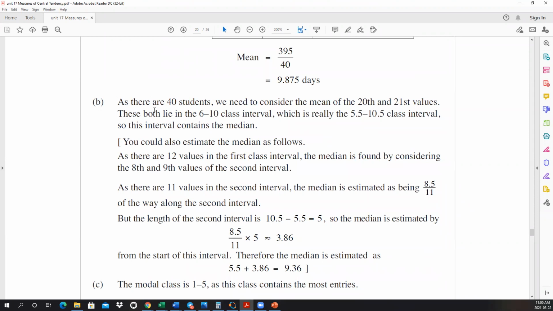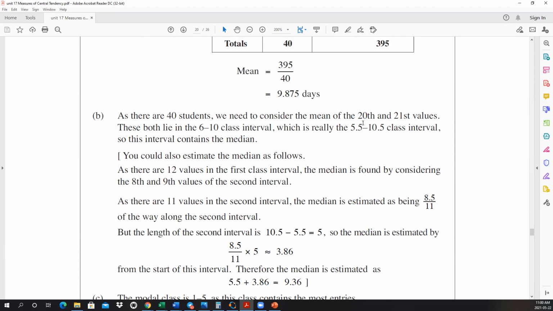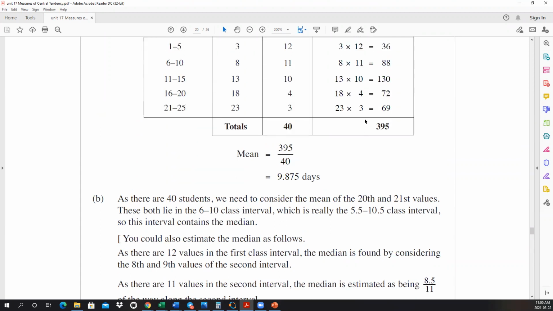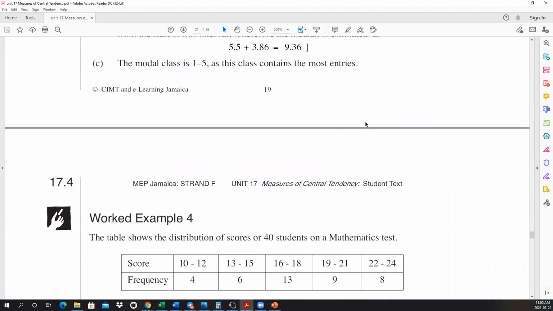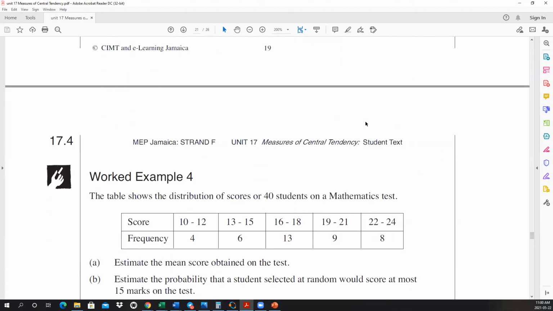And these both lie in the 6 to 10 class, luckily, which is really the 5.5 to 10.5 class interval. So this interval contains the median.